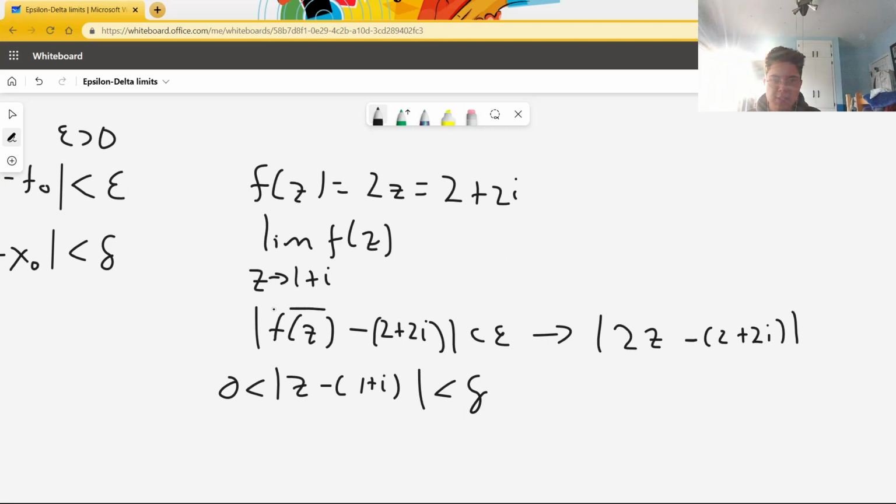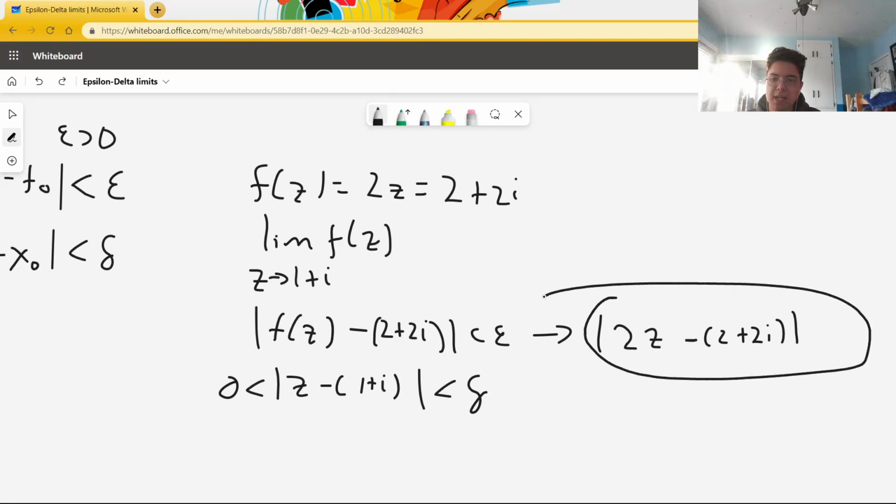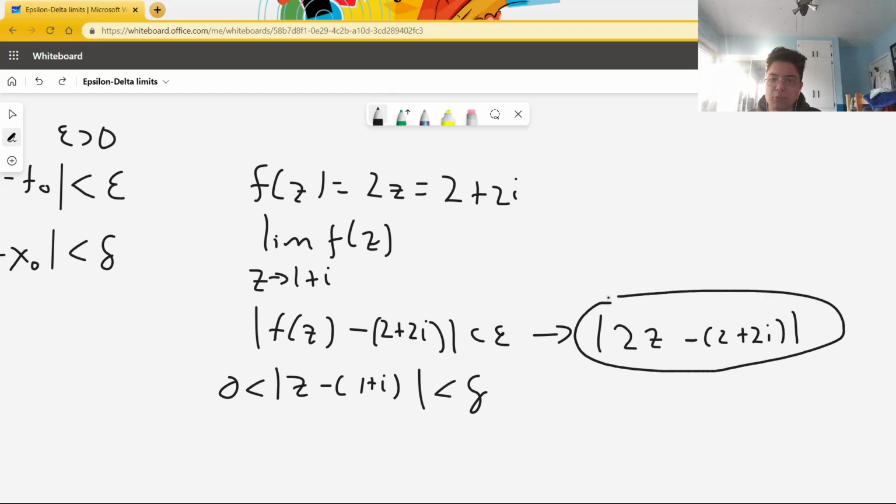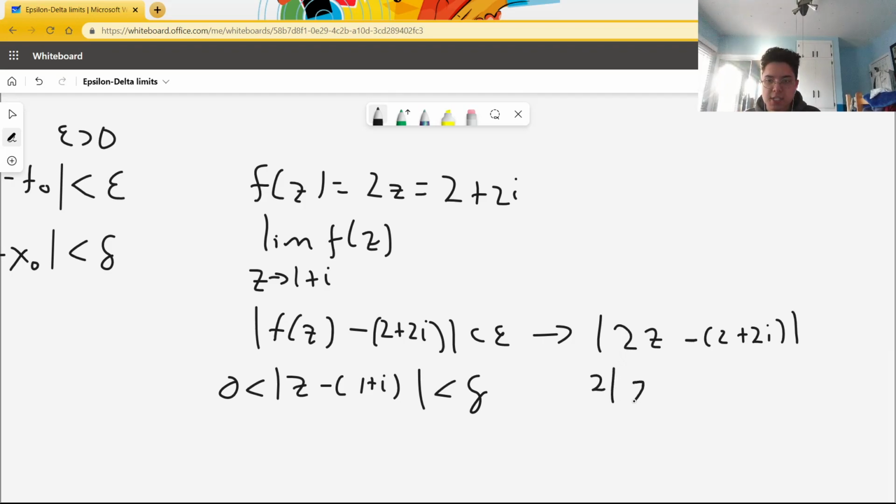To do so, let's rewrite this expression f of z as 2z and write 2z minus (2 plus 2i) and find out what this expression is less than. We can factor out 2 to get 2 times (z minus (1 plus i)), and we know that z minus (1 plus i) is less than delta, so this must be less than 2 delta.